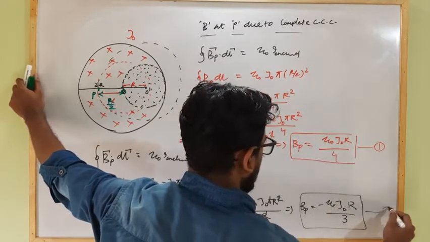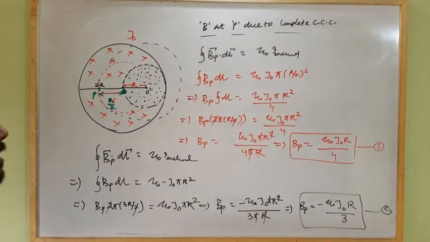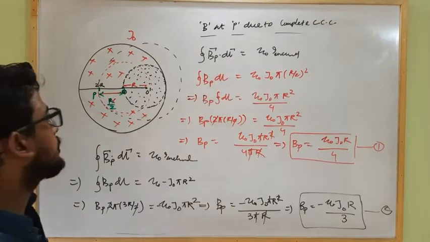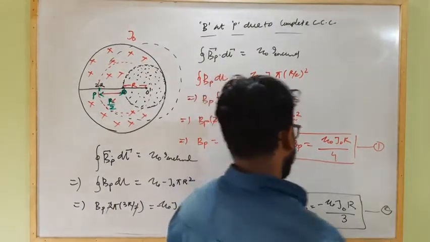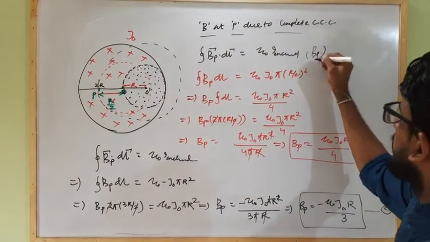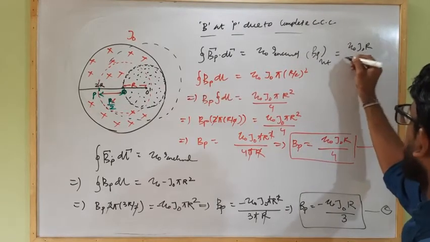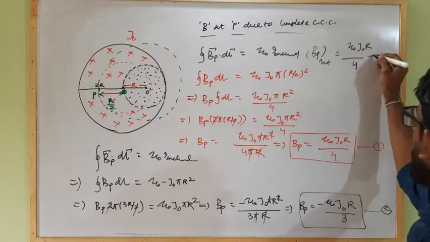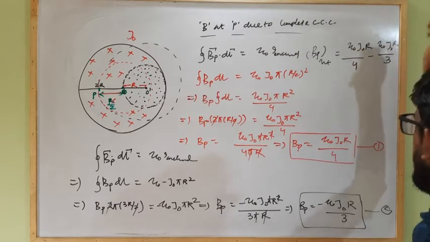Equation 2. Now by adding equation 1 and 2, we will get the net magnetic field strength at point P due to this given system. So it will be how much? B net at P will be mu naught J naught R by 4 minus mu naught J naught R by 3.